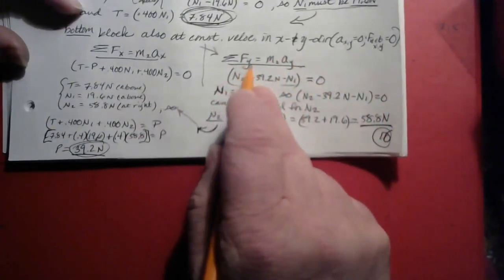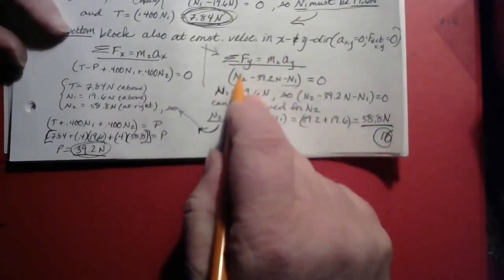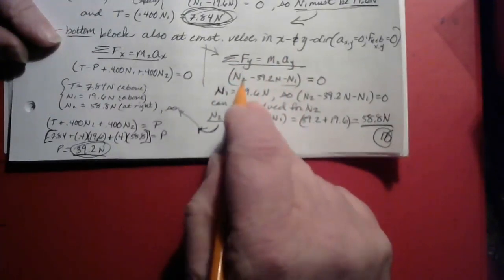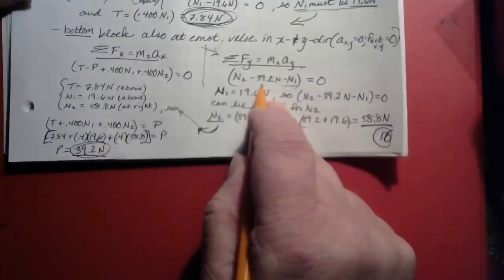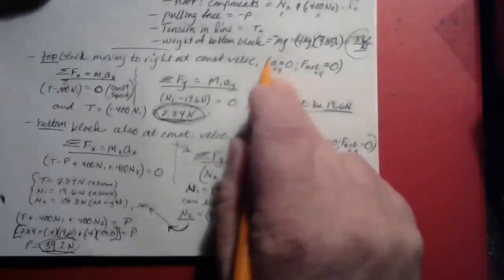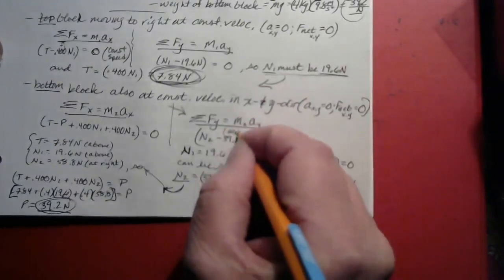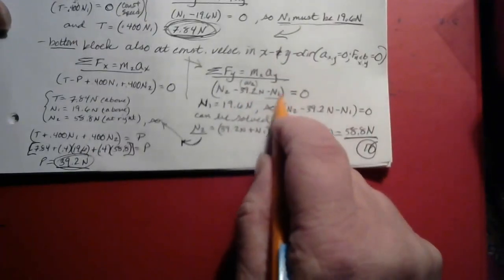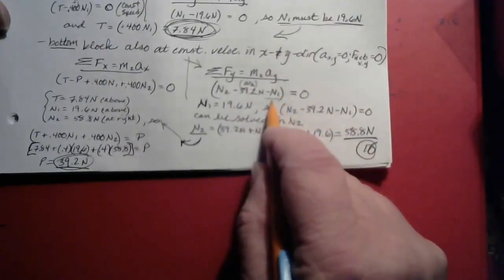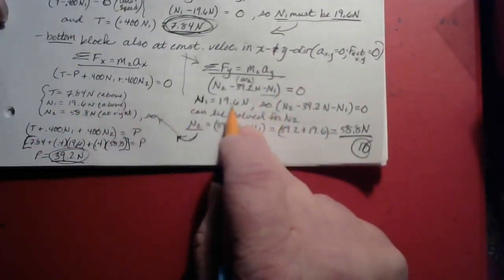The forces on the bottom box in the y direction should be the normal force on the second box minus the weight of the bottom box, which is 39.2 newtons, minus the normal force of box 1, which we know from over here is 19.6 newtons.